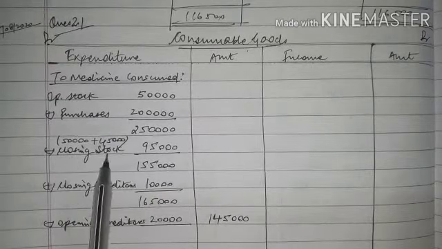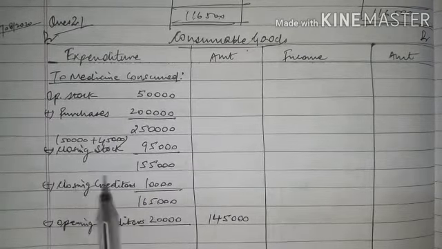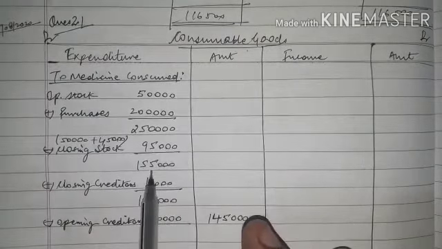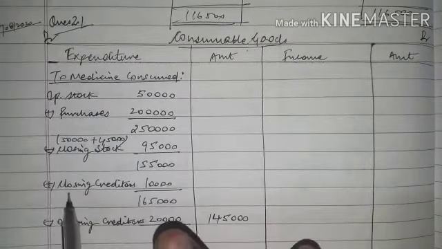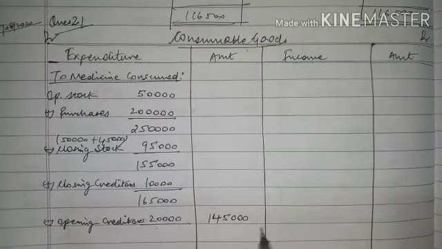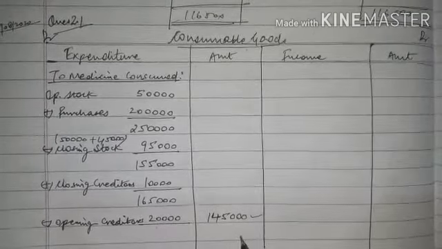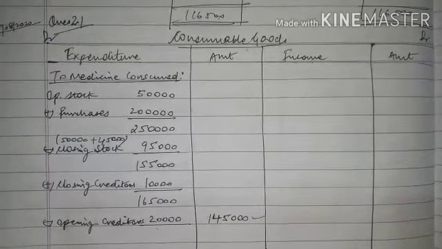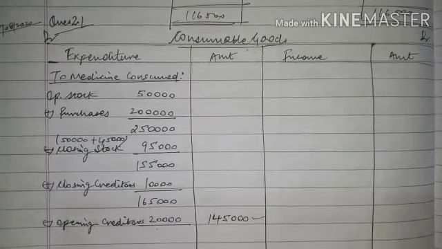Closing stock is 45,000 more than opening stock. The opening stock was 50 plus 45, that is 95. We will be deducting this amount, and then closing creditors will be added and opening creditors will be deducted, and this way you will be getting the answer 1,45,000. That is the amount of medicines we have consumed.